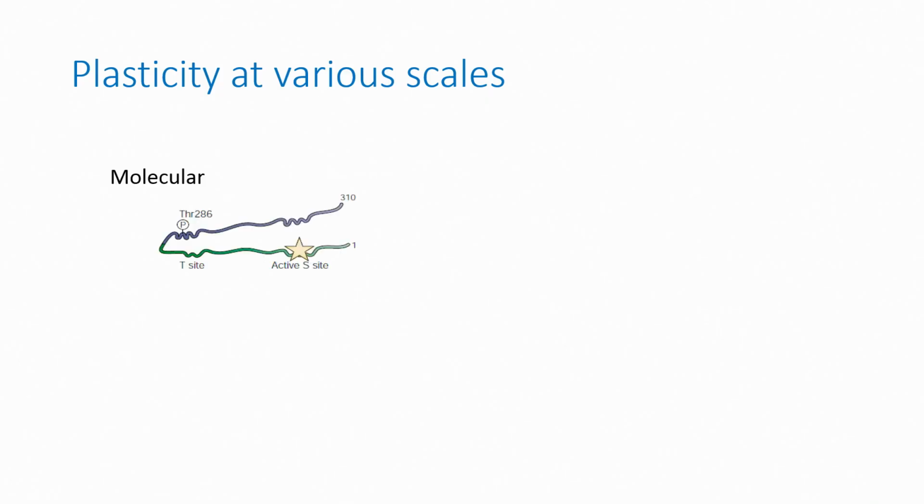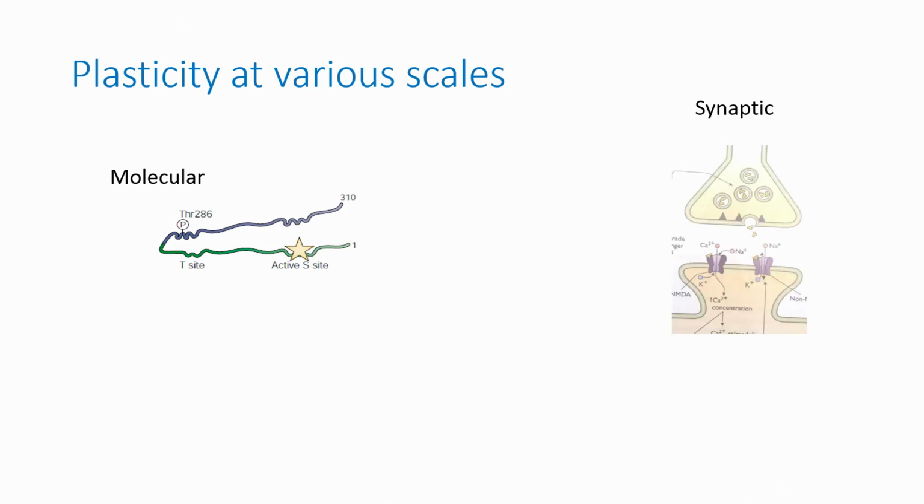The scales can range from molecular scales, as we have seen, at the individual proteins, or even down to dopamine levels or neurotransmitter levels, or it could be at the level of synapses, where the efficacy of the throughput, like synapses are the places where neuron A communicates with neuron B in the brain, and the efficacy of this communication could be a way of storing the plasticity.